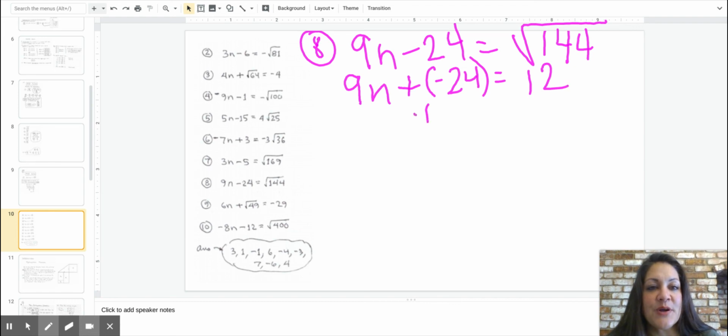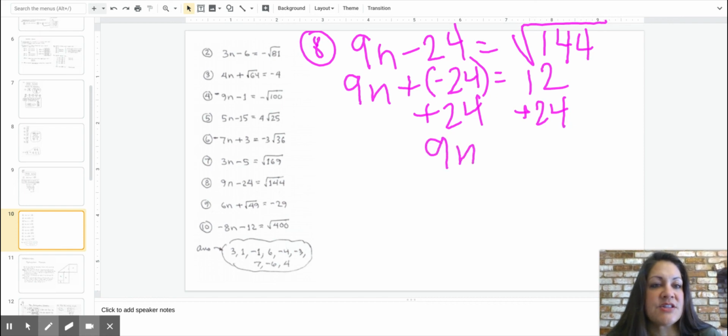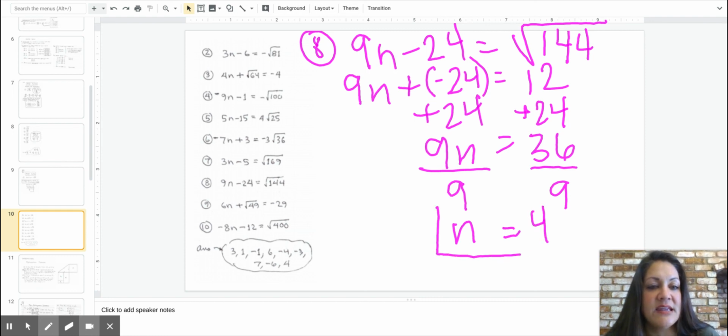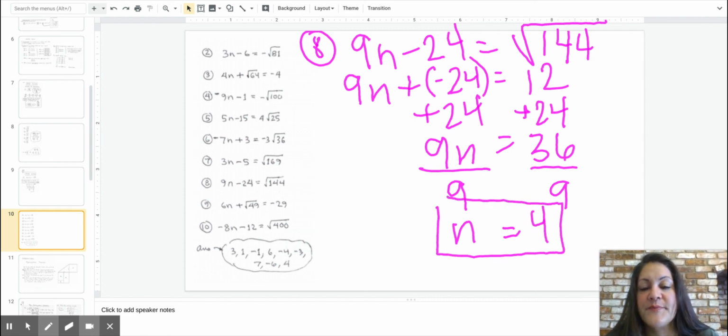Add 24 to both sides. 24 plus 12 is 36. Divided by 9. 9 goes into 36 4 times, so n equals 4. Okay.